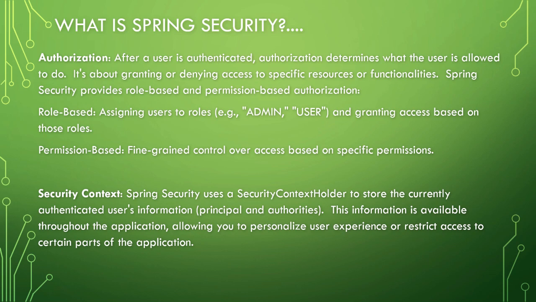This information has principal details, authorities details, etc. It is available throughout the application wherever required, so that you can provide a personalized user experience or restrict access to certain parts of the application, wherever the user is trying to navigate.